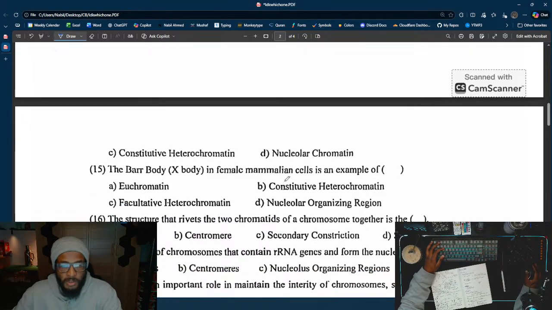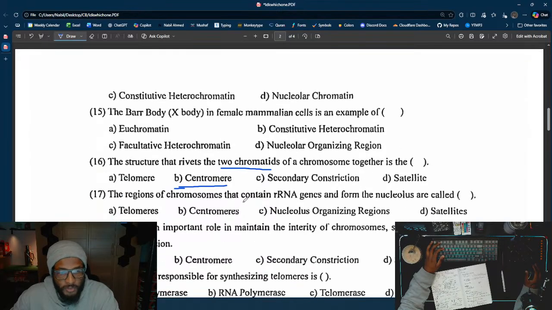The structure that rivets the two chromatids together, is it the sister chromatids? Yeah, it's the centromere. The region of the chromosome that contains rRNA genes and forms the nucleolus is the NOR, nucleolus organizing region.